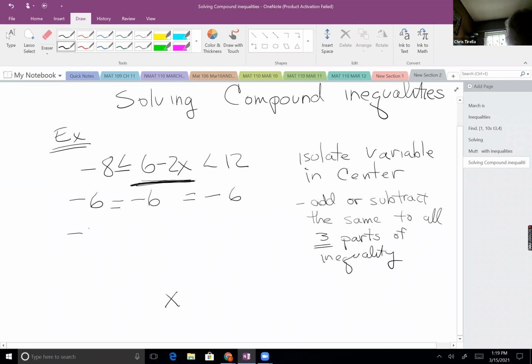That would give me -14 is less than or equal to -2x is less than 6. Then, to finish this and get the x all alone, I'll multiply or divide the same to all 3 parts of the inequality.